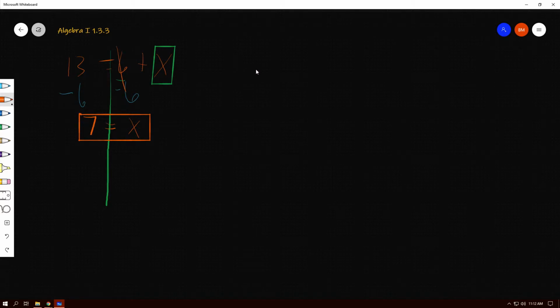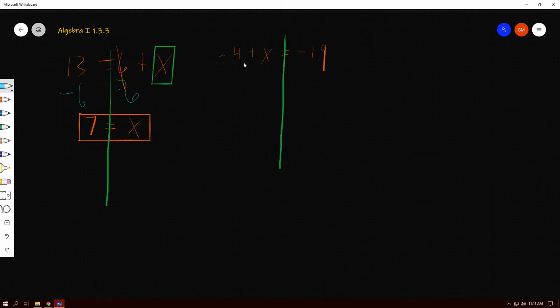Now I'm going to go to the second question on the checkup. It is negative 4 plus x equals negative 19. Just like before, I'm going to draw my river. Then I ask myself, what am I solving for? I'm solving for x.